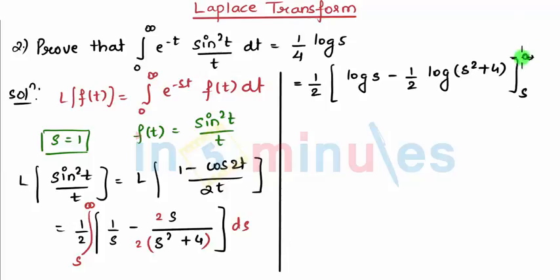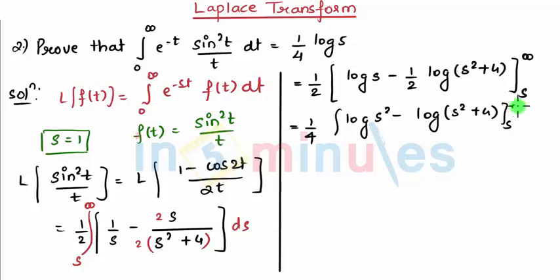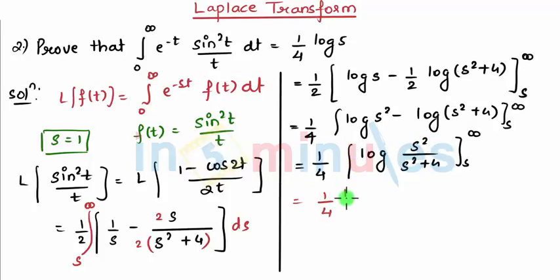Take 1 by 2 outside, which makes 1 by 4, and which makes here log s square minus log of s square plus 4. Now s to infinity, that's it, 1 by 4 log of s square divided by s square plus 4, which gives me reciprocal of this, that is log a by b. S to infinity is nothing but 1 by 4 log of s square plus 4 divided by s square.